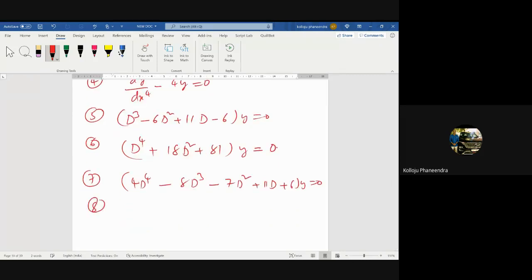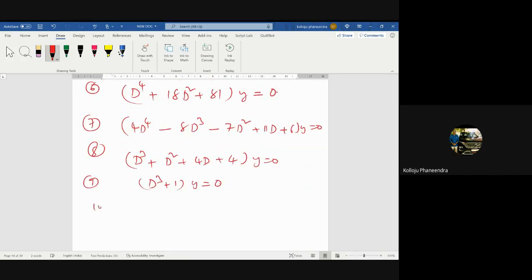And the last ones: D cube plus D square plus 4D plus 4 into y equals 0. D cube plus 1 into y equals 0. D power 4 minus 4D plus 4 into y equals 0.